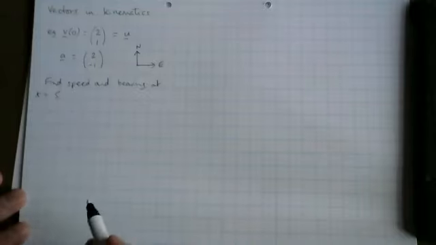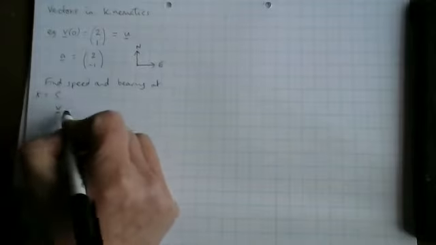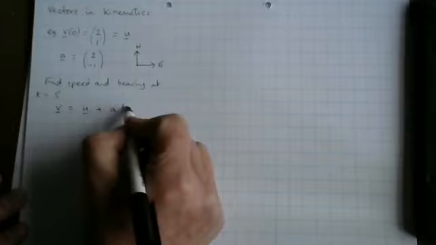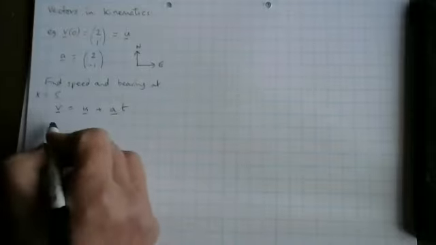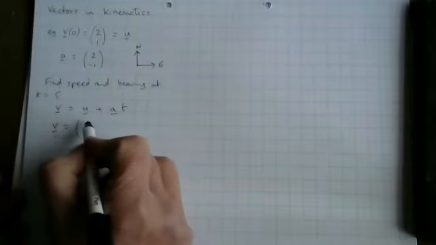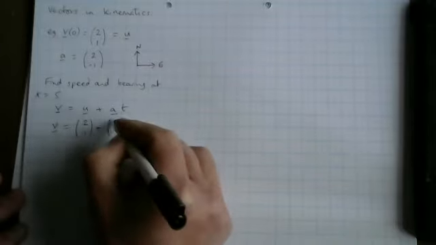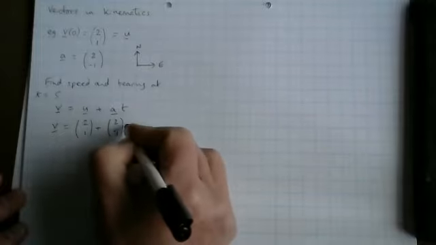Okay, our equation is v equals u plus at. Put our values in. V equals u, (2, 1), plus a, (2, -1), t is 5, times 5.